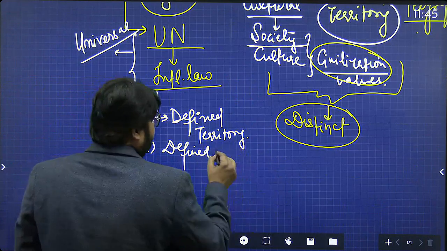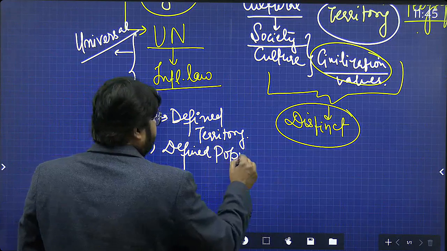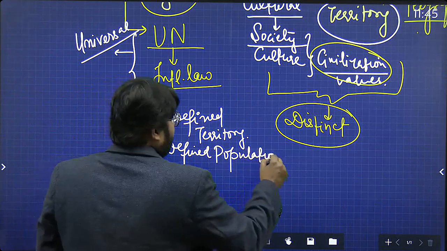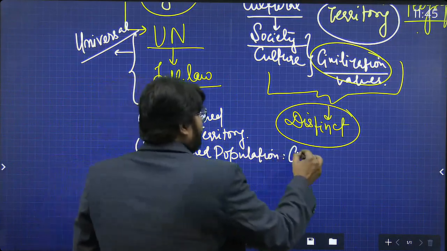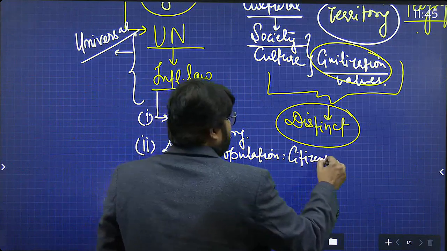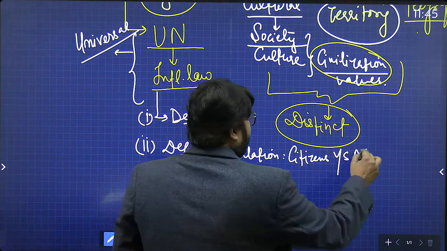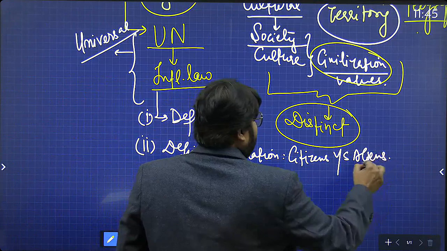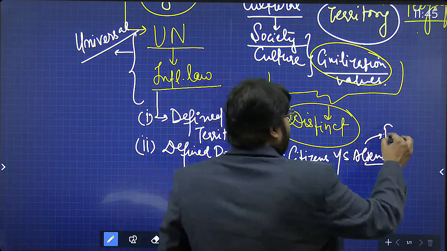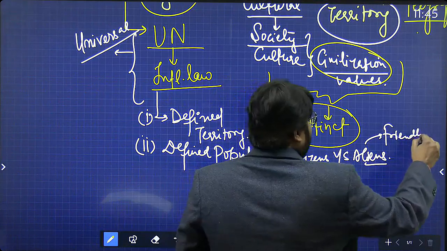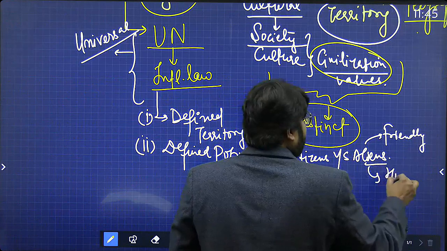Defined population. This helps us understand technically your citizens versus aliens. They can be both friendly and hostile.